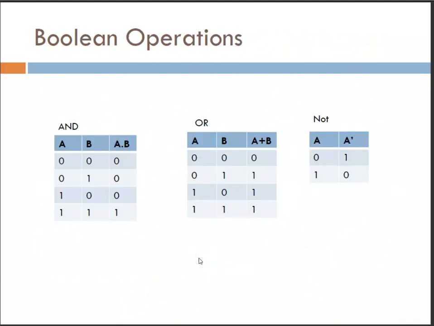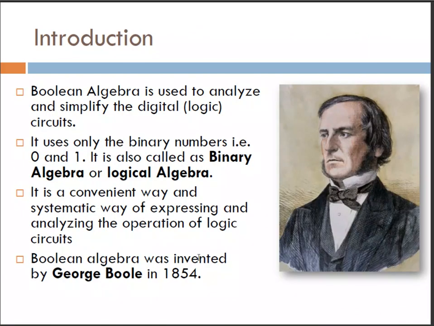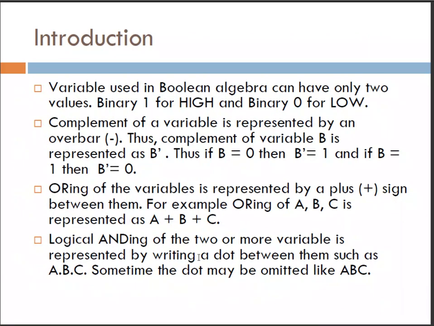Okay, here we have Boolean operations. In the introduction also, a variable used in Boolean algebra can have only two values: binary 1 for high and binary 0 for low. I think you are aware that in a switch, if you click on, it means you switch on the lamp. If you click off, it means 0, you switch off.